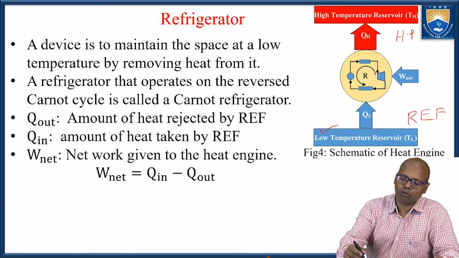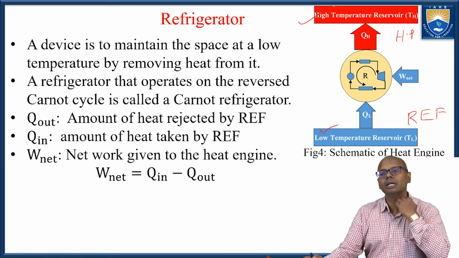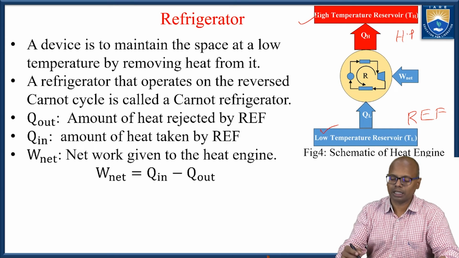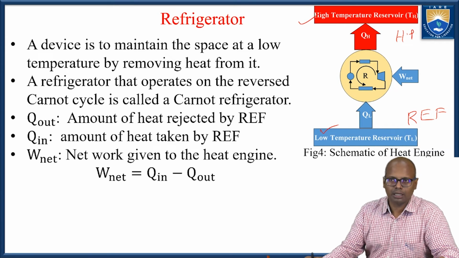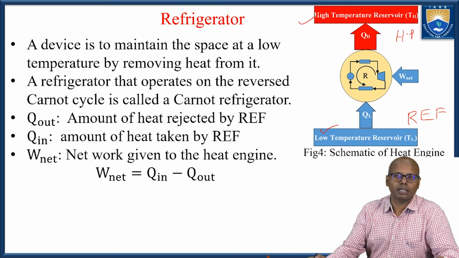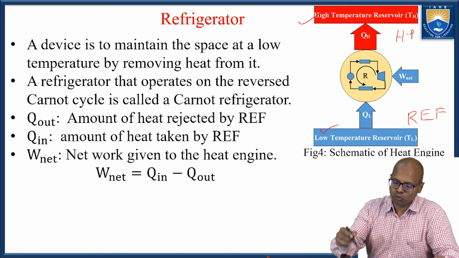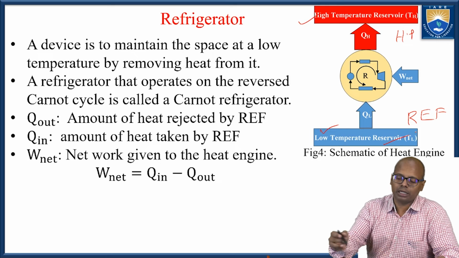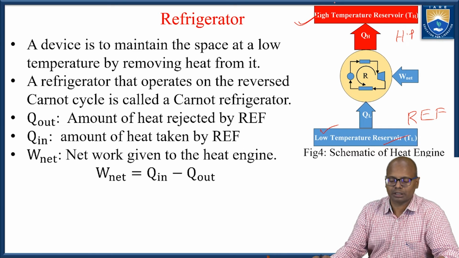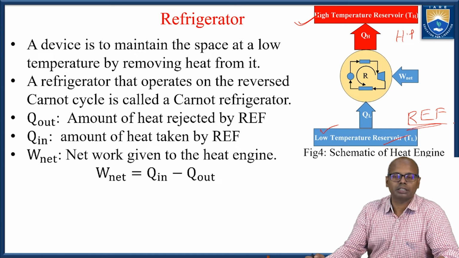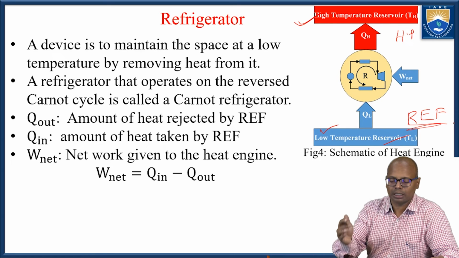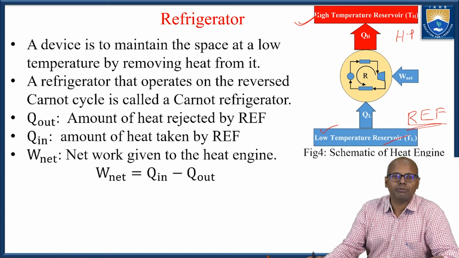If my room is at the higher temperature and the surroundings are at lower temperature, then it is the heat pump. And if my room is at lower temperature and the surroundings are at higher temperature, then the same machine is called the refrigerator.